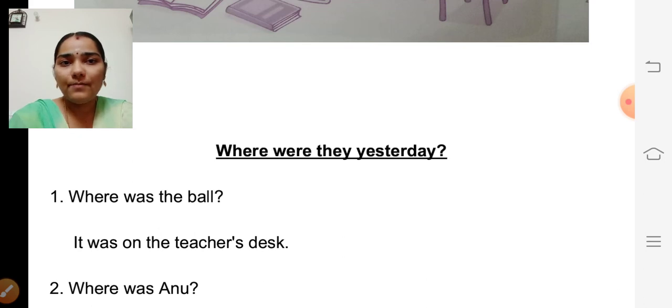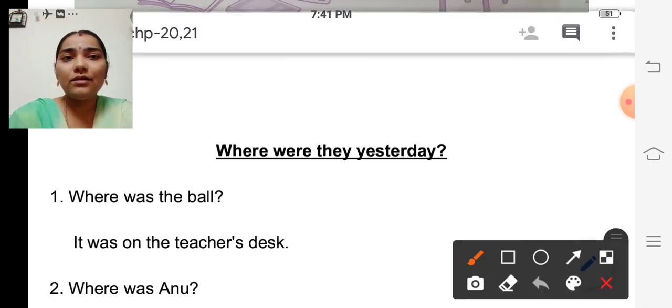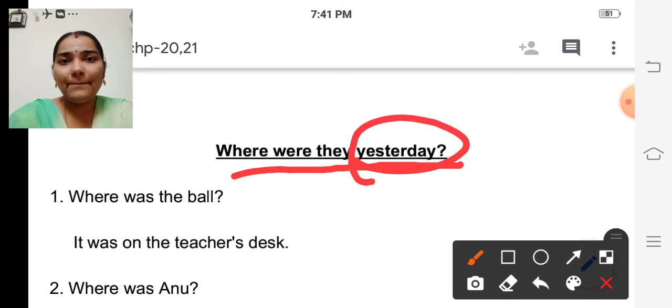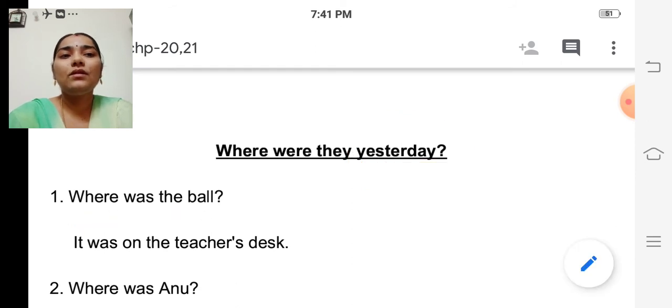Where was the ball? See the heading, where were they yesterday? They have given yesterday, so it should be past tense. We should answer in past tense. See the first question, where was the ball? See the picture.